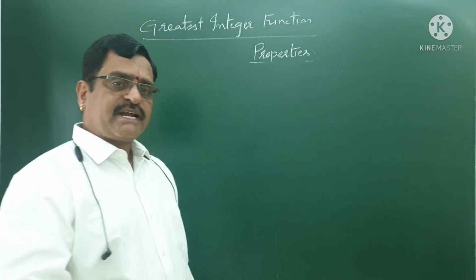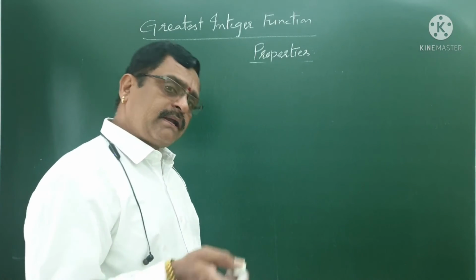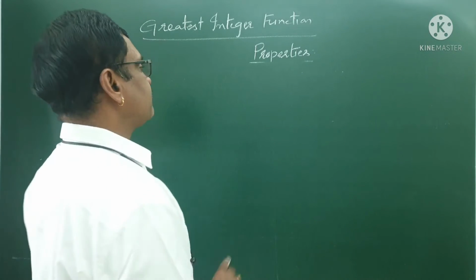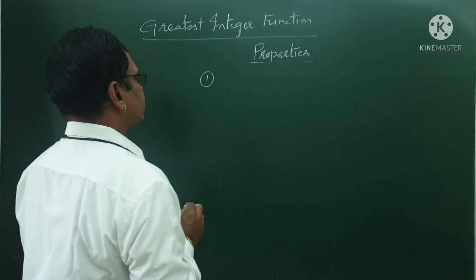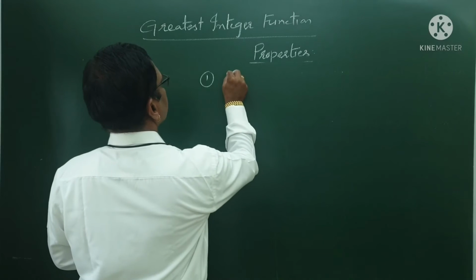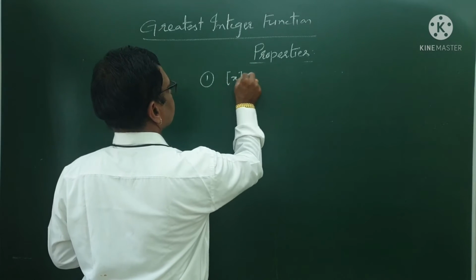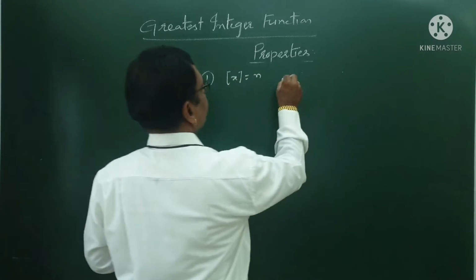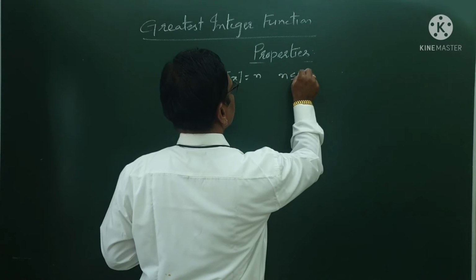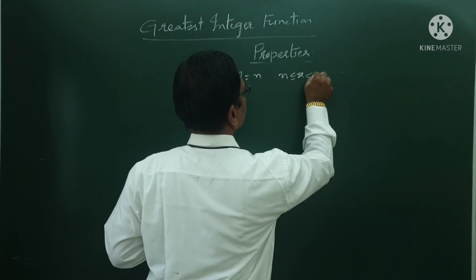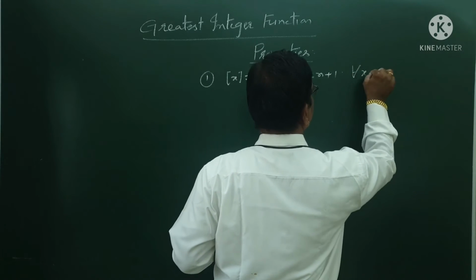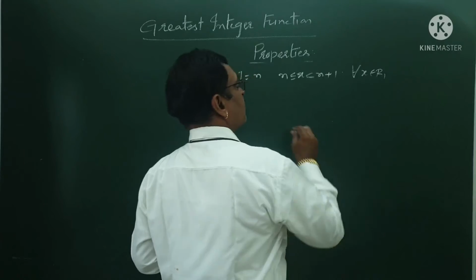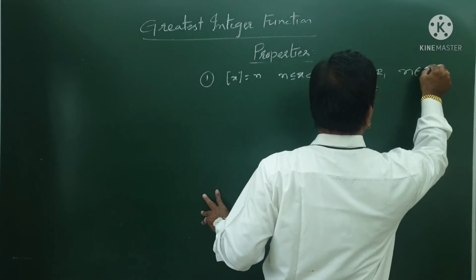Properties of this greatest integer function, or integral part function, or step function. Number one, from the graph we know that the integral part of x is equal to n, where n is less than or equal to x, which is less than n plus 1. For all x belonging to the real number set, and n is an integer.